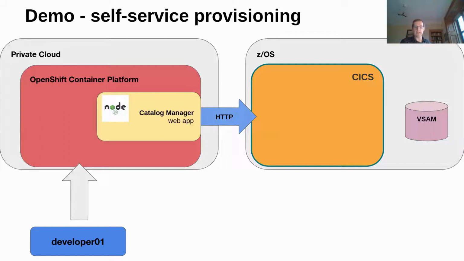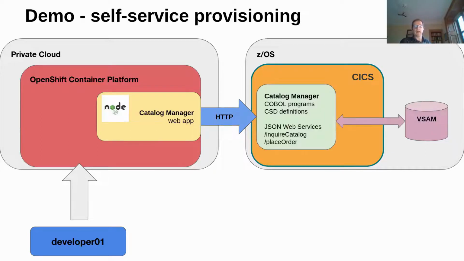So we can easily do that. And then the final piece, we need to deploy the catalog manager app itself into CICS, which is a set of COBOL programs, some CSD definitions, and a couple of JSON web services which will expose that application to the web app.